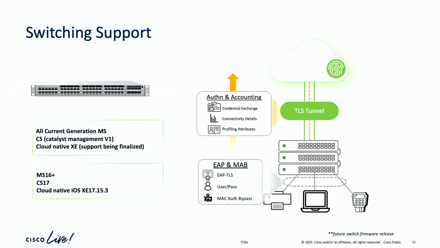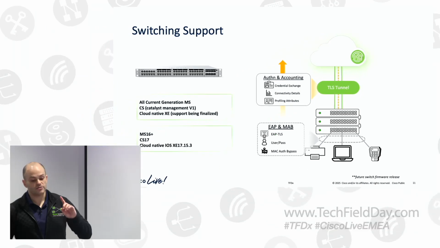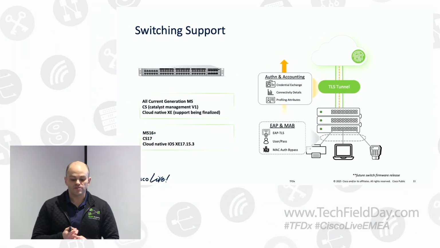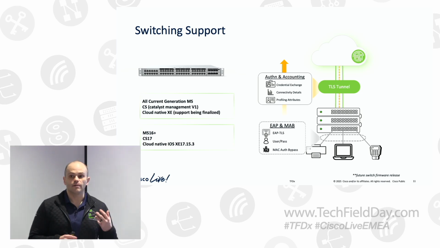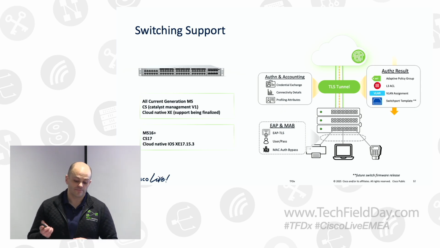Over that tunnel, we send the credential exchange. We also send connectivity details through accounting. So there are profiling attributes, counters, et cetera, so that we're able to tell if a session's still active, and also start to pool a lot of that data together to provide granular profiling of endpoints.